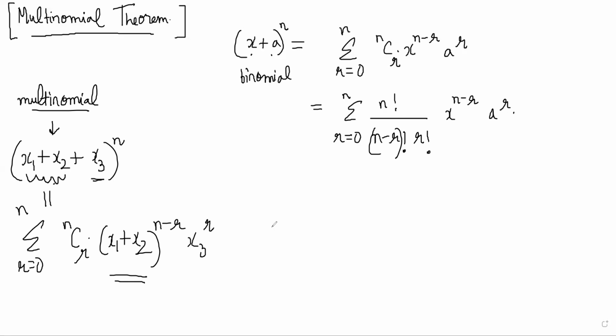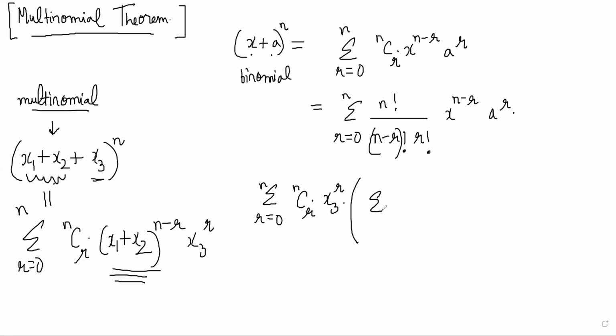So I will try and expand it, but first I'll write the outer summation, r is 0 to n, and nCr x3 power r I have kept like this, and then I'll expand this part. This part is power n minus r.